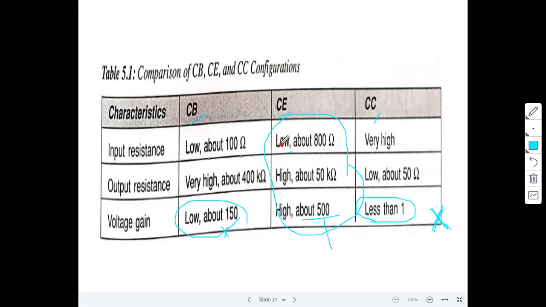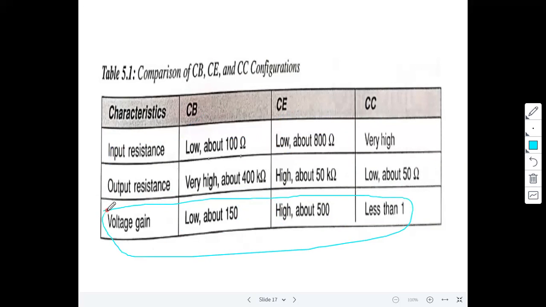And also for voltage amplifiers, we require output resistance and input resistance values. But the main thing here is high voltage gain. We will discuss input resistance and output resistance at the amplifier stages. But for now, why do people prefer CE configuration in voltage amplifiers?